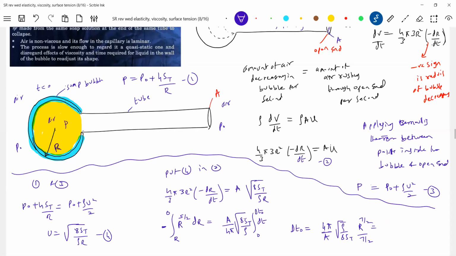Anybody, the final equation? Okay, this 2 will be there, no? Just simplify, give me the final answer. 4 will come. 4 pi a by rho, 2st. 7 will be there here. 7a r to the power of 7 by 2.